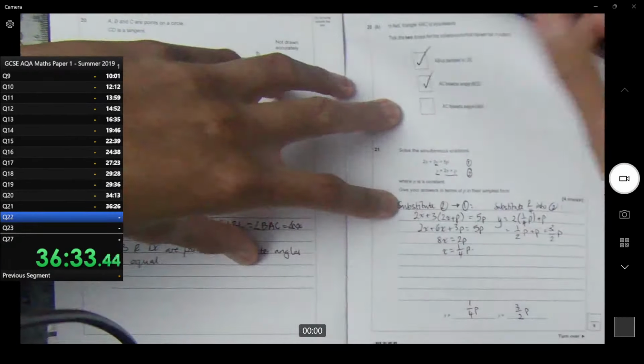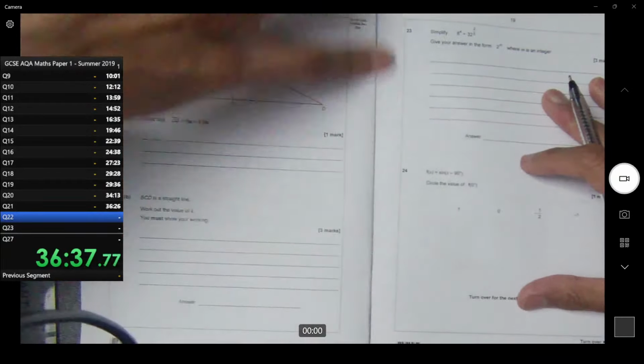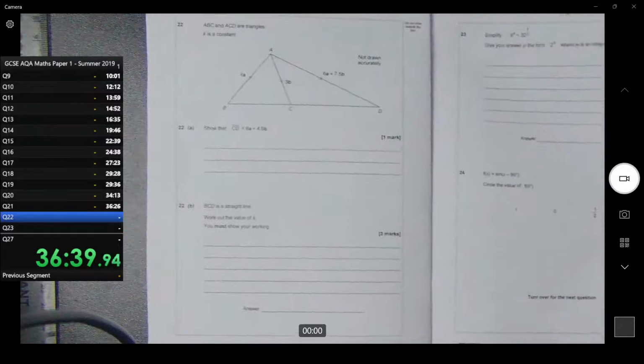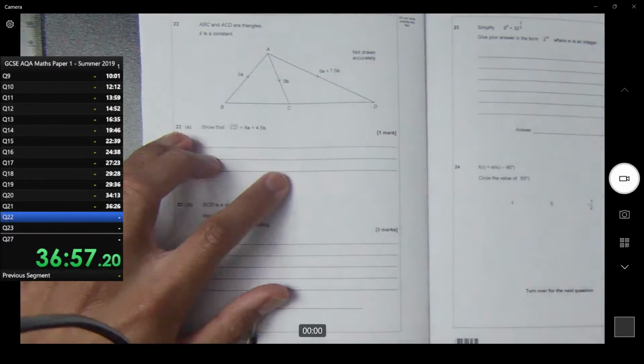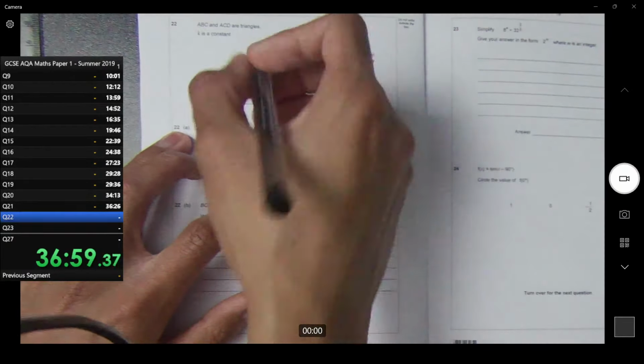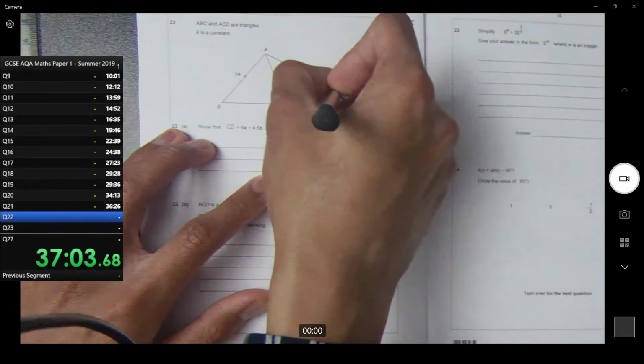Now, question 22. Okay, so we've got some vectors. So A, B, C, and A, C, D are triangles. K is a constant. Now, show that vector CD is equal to 6A plus 4.5B. So to get from C to D, we can go backwards here, and then go here.